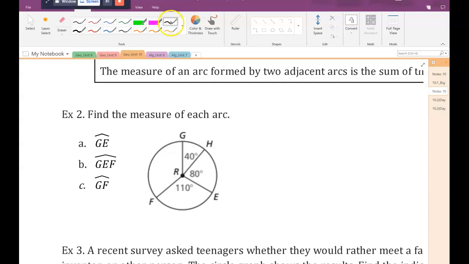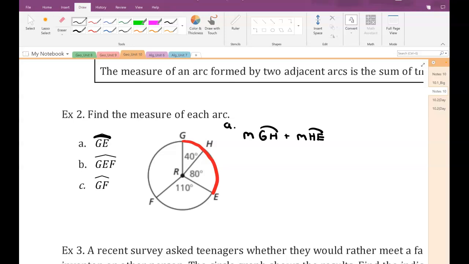It's a minor arc, so I know it has to be less than 180 degrees. GE goes from here to here. So we're going to have to use that postulate because GE is the same thing as adding the measurement of arc GH plus the measurement of arc HE.